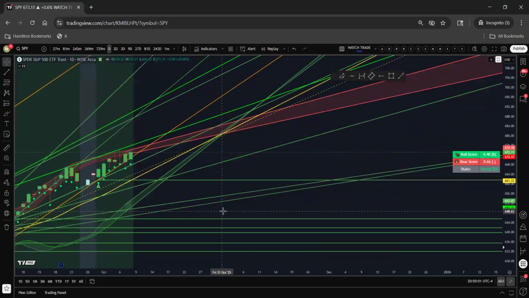Purple is a bearish turning point. Blue is your earliest bearish entry and your best entry for puts. Red is your second best entry for puts. It's neon red, I apologize. Confirmed bearishness, strong bearishness.